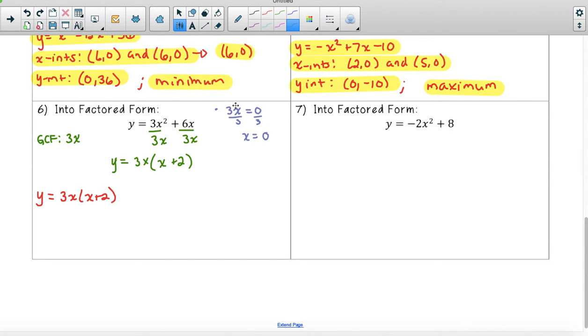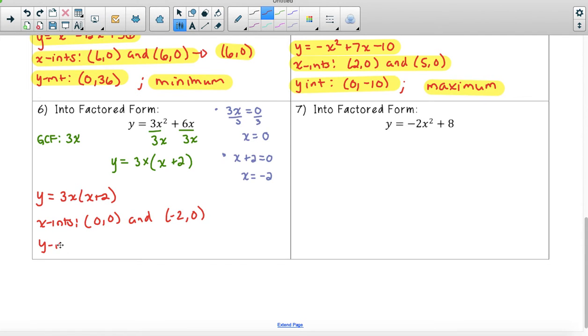So 3 times 0 gives us 0. The other one comes from our x plus 2. We set that equal to 0, and we have x equals -2 because we subtract 2. So we do have two distinct x-intercepts, which are at 0, 0 and -2, 0.